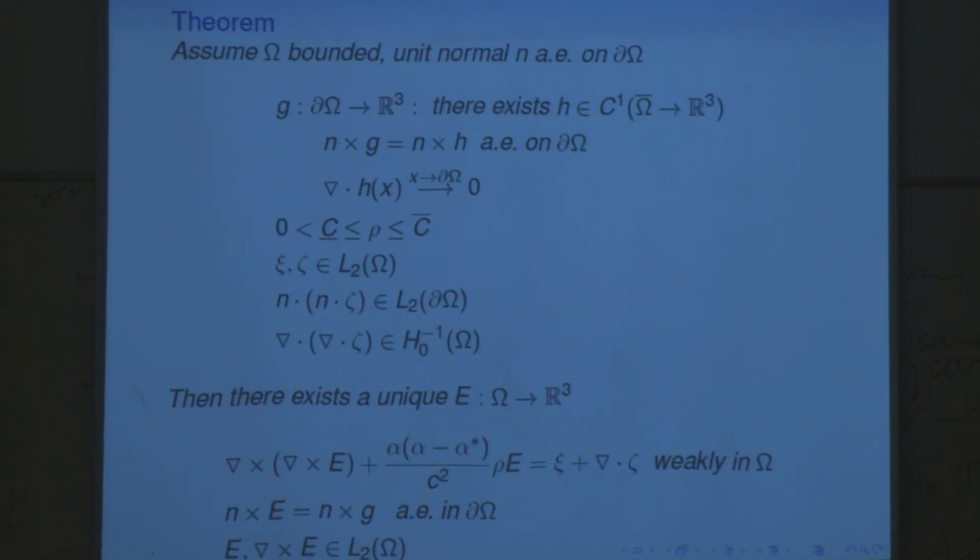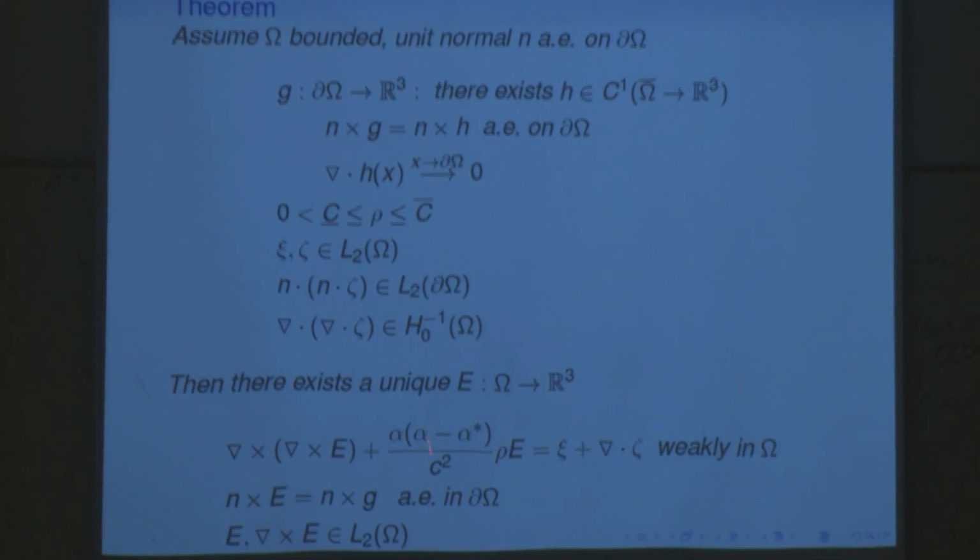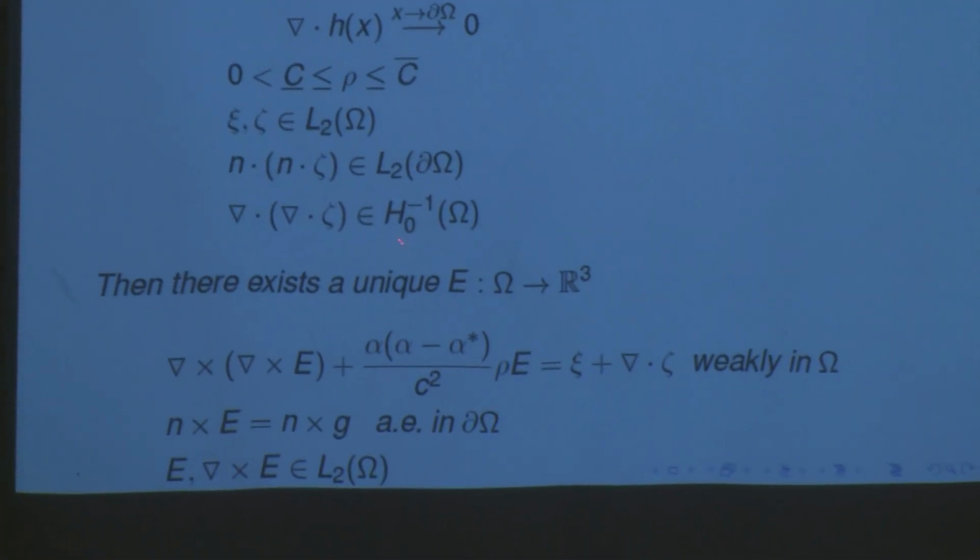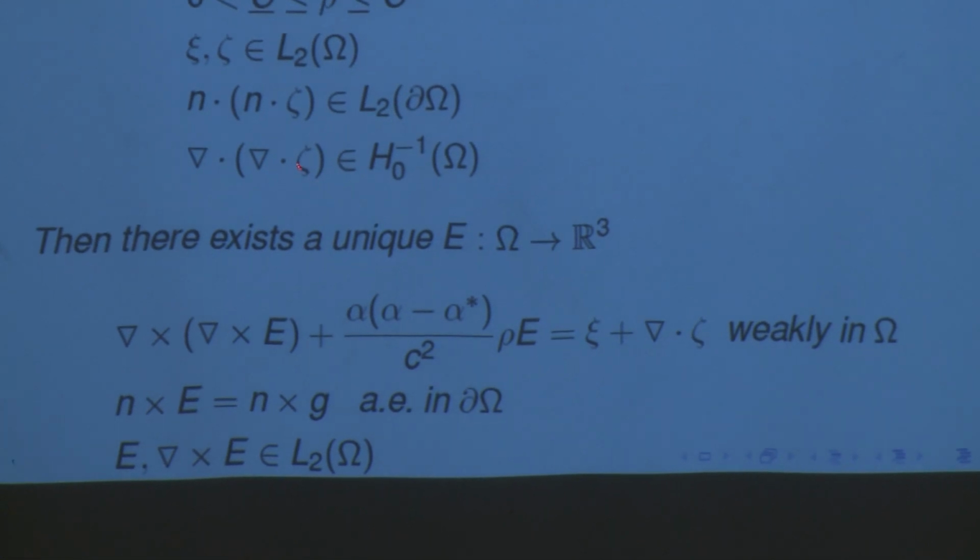Okay, so first we need a theorem about solvability of that boundary value problem, and here it is. With specifying curl E plus a constant times E, it turns out you want to specify the tangential components of E on the boundary, but the normal component remains to be determined. But there is a unique E with these boundary conditions. The problem is, and here's the regularity, that you need this div zeta to be H0 to the minus 1.